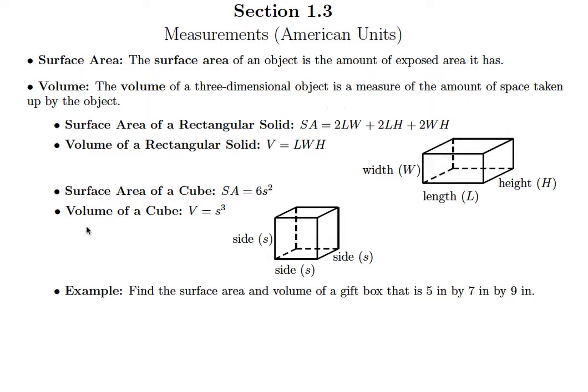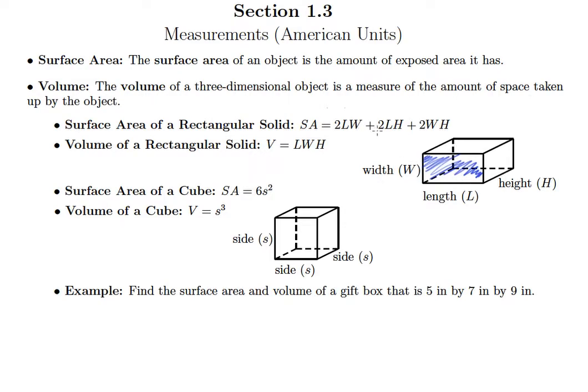All right, so first of all, for rectangular solids, our surface area is a formula that looks really complicated, but it makes sense because all we're doing is finding the area of each face and then adding up all those areas. So when I say 2 times length times width, first of all, length times width is giving me the area of this front face.